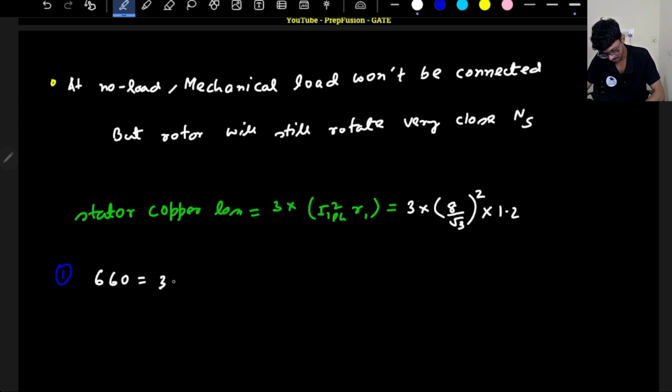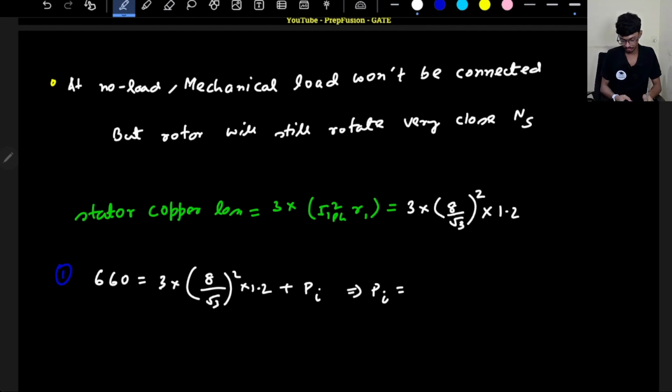Stator copper loss is 3 into 8 by root 3 whole square into 1.2, plus the iron losses. This I don't know. Iron losses I have to find out. And rotor copper loss I'm ignoring, right?